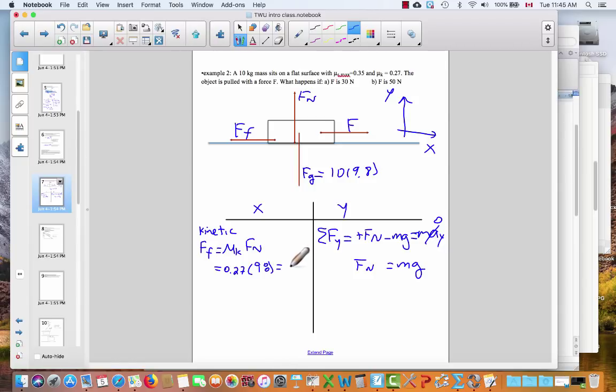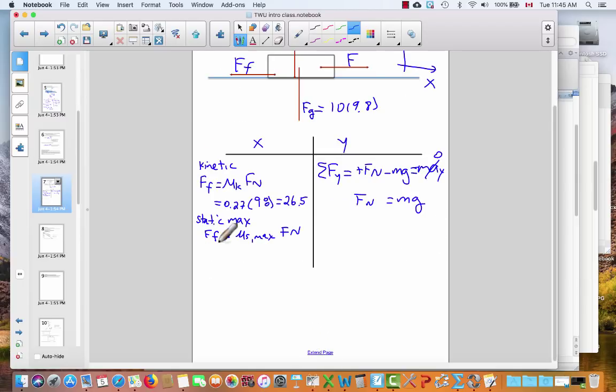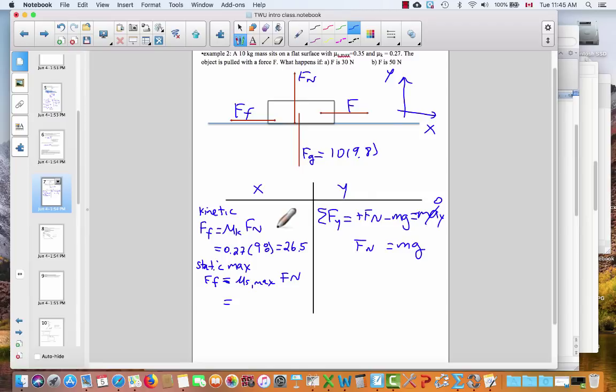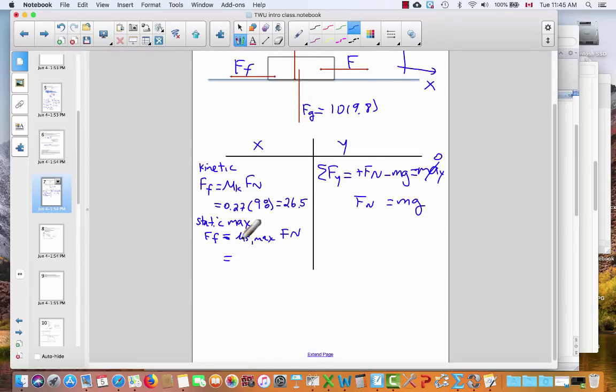So the kinetic friction there comes out at 26.546 newtons, or let's say 26.5 newtons. We also have this other type of friction, which is static friction, that will reach a maximum value, and the coefficient was given as, what was it, 0.35.